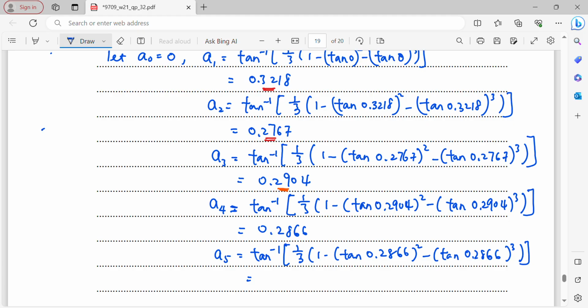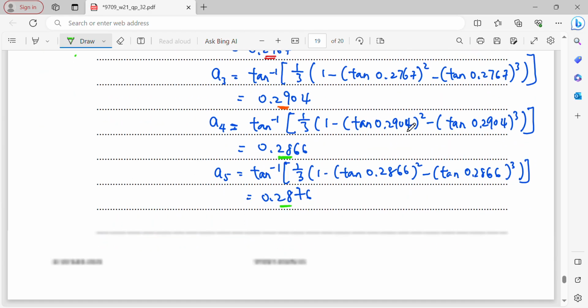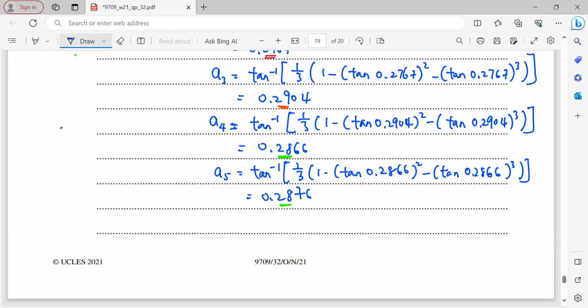So the answer is going to be 0.2876. Okay, so 0.2876. Now I'm getting the same value. Okay, so the final answer is going to be 0.29 because the next value is 5 and above, right? It's more than 5. So that's the solution of this question.